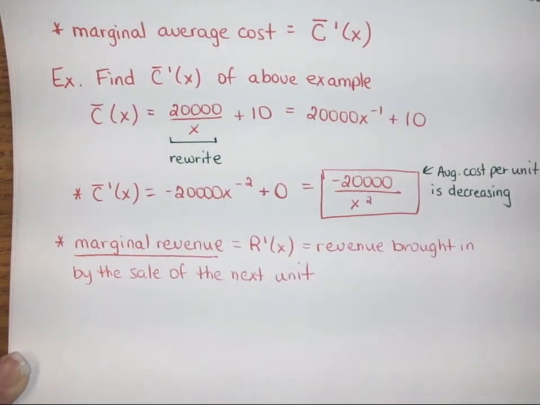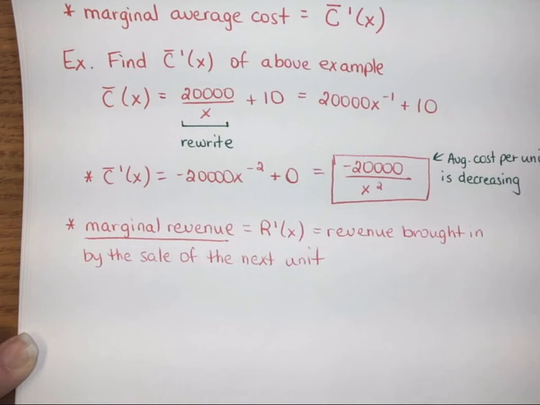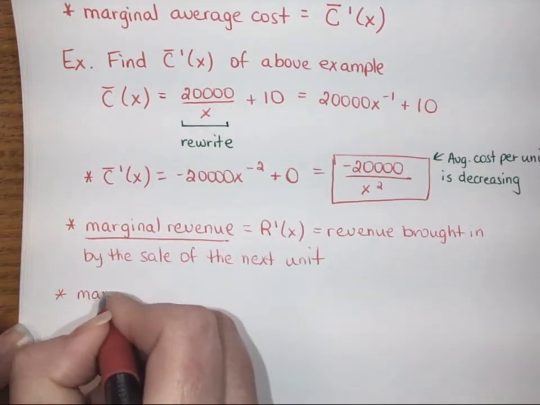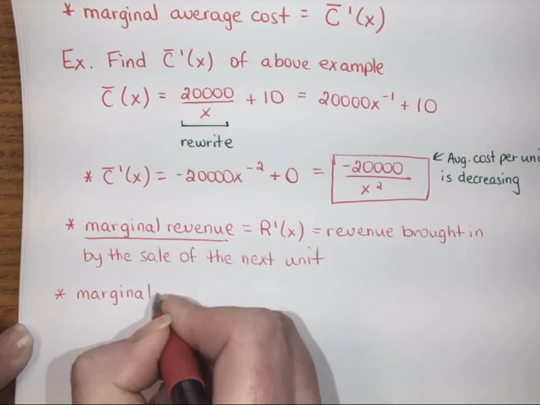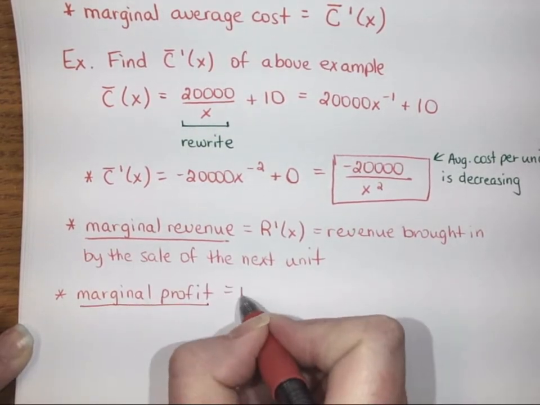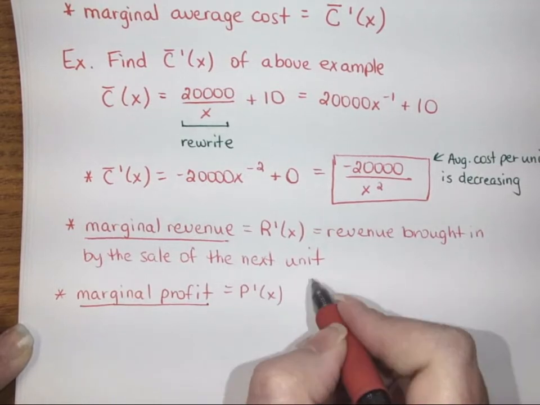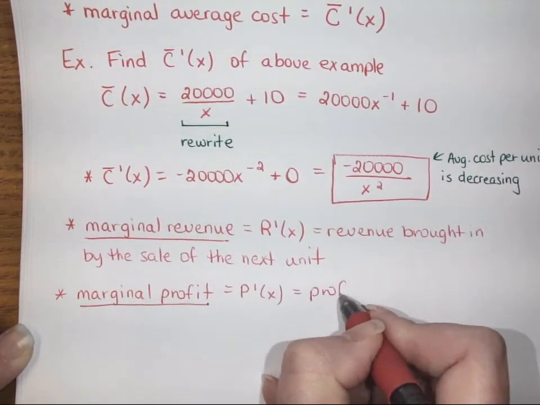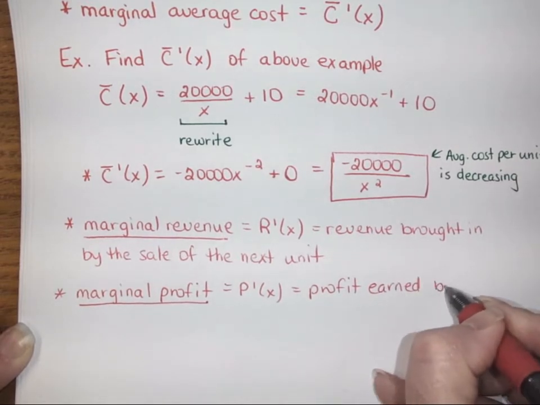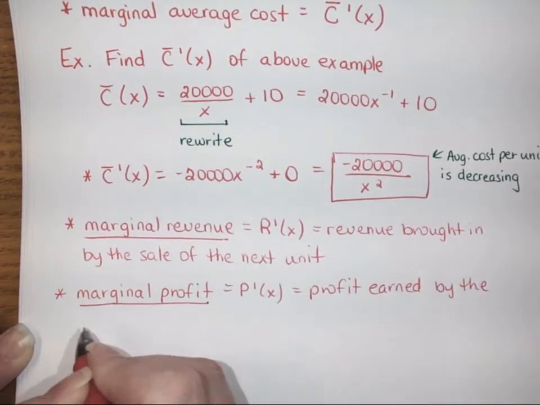Okay, the word marginal, when it goes in front of a word, always means derivative. Okay, so just kind of remember that. So marginal profit, not surprisingly, is going to be P prime of x. And it will be the profit earned by the sale of the next unit.